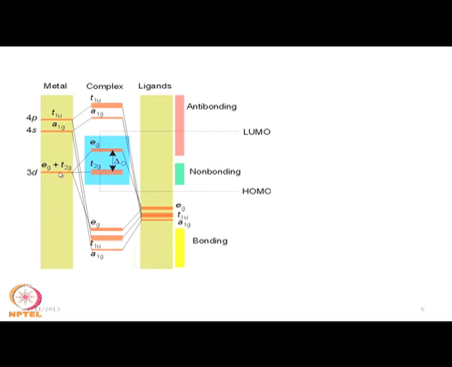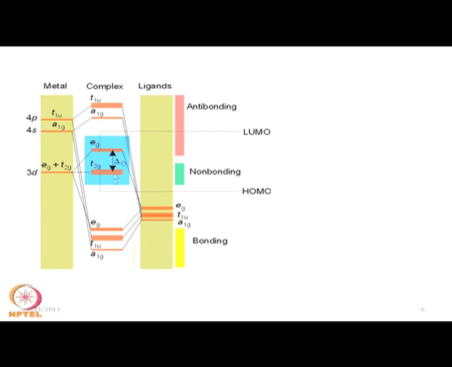So, the electrons from the metal ion or metal atom occupying the t2g level will serve as the HOMO level, which is highest in energy, and the eg gives the corresponding eg star level, which is the lowest unoccupied molecular orbital.